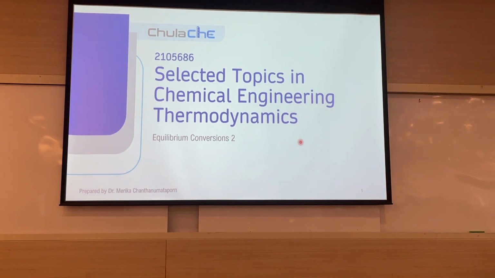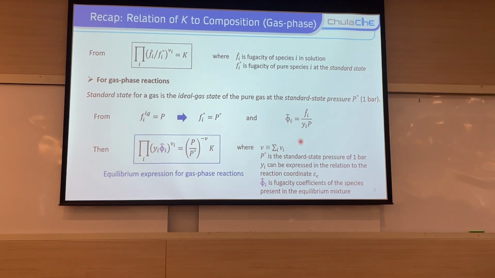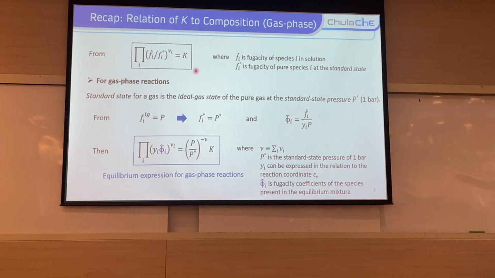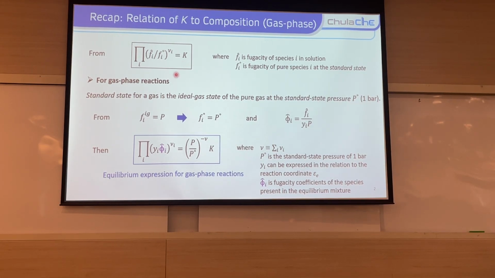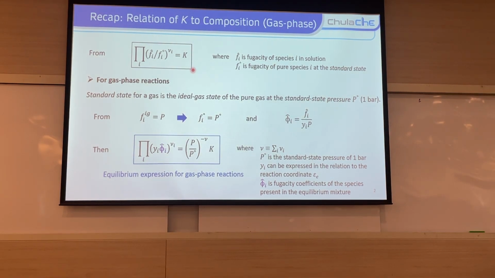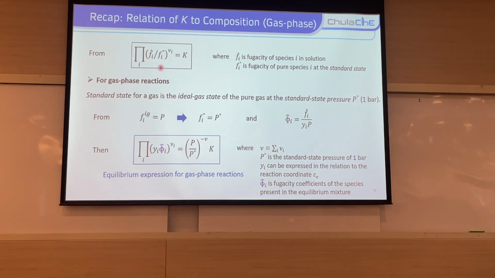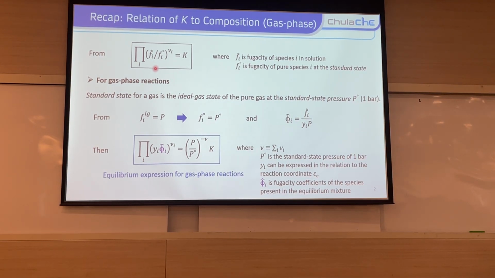Okay, so let's start with the recap of the previous content that we have learned before. This is the expression that shows the relation between the Kutarski and the equilibrium constants. The importance of this expression is if you know the temperature, then the equilibrium constant is fixed, and then you can calculate the equilibrium reaction coordinate or the composition of species at the equilibrium.